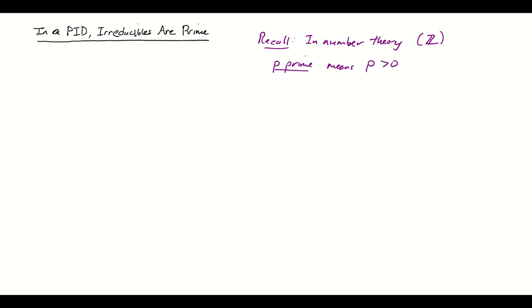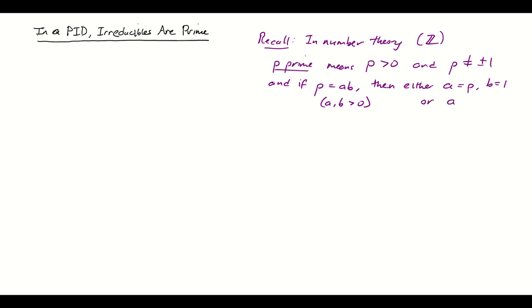But typically we mean P is greater than 0 and P is not equal to plus or minus 1. And if P is equal to A times B, then either, this is assuming, by the way, that A and B are also greater than 0, then either A is equal to P and B is equal to 1, or A is equal to 1 and B is equal to P.